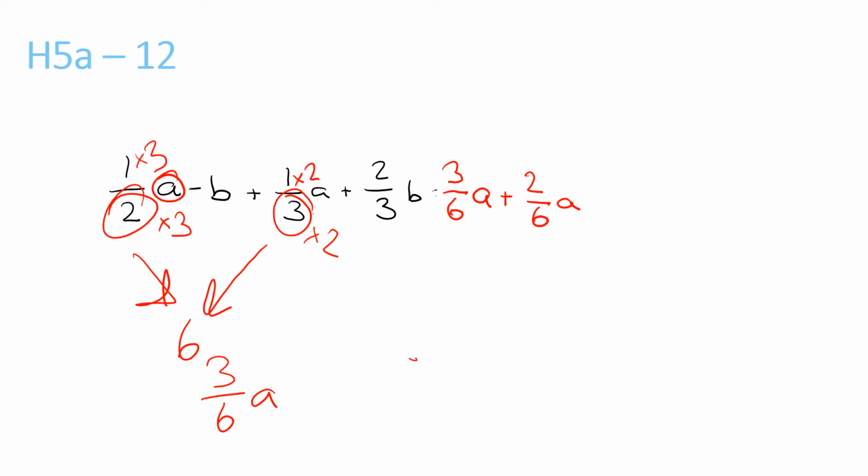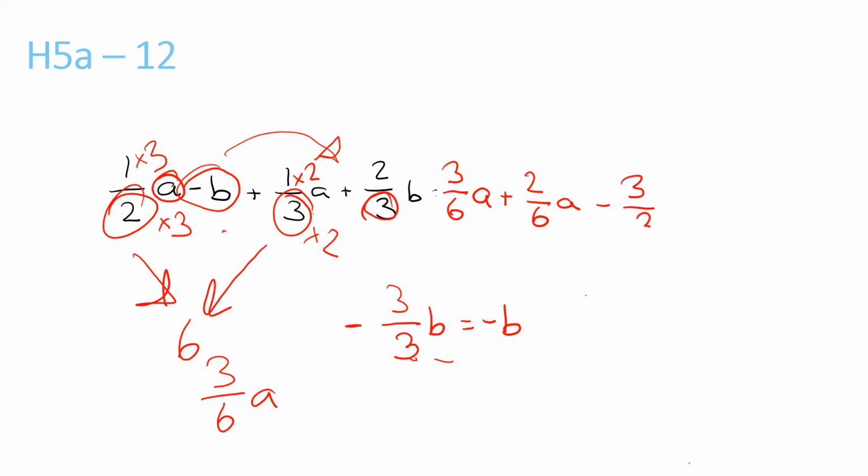Then you do this side here, minus b plus 2 over 3b, which would be, for this one, you would have to turn the b into a fraction, so it will just be 3 over 3, but with the minus b, because this one's 3, so that would be equal to minus b, so you'll do minus 3 over 3b plus 2 over 3b.